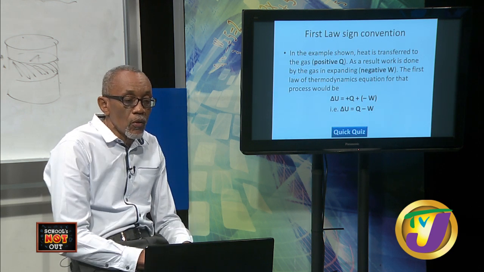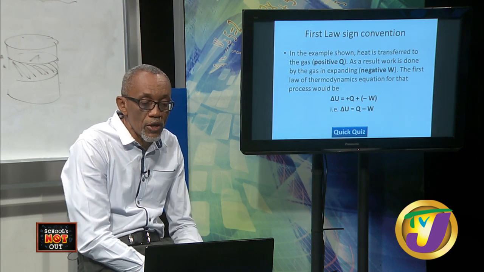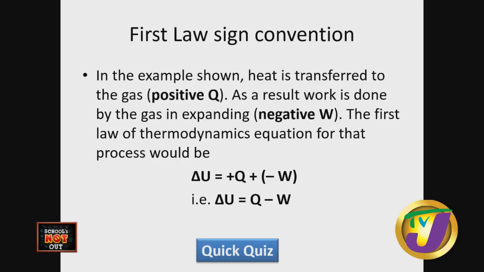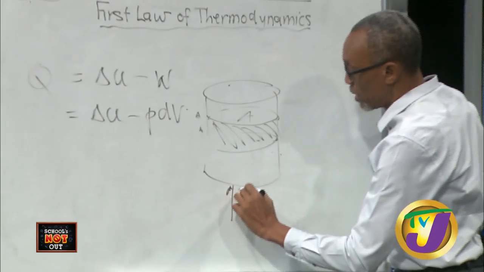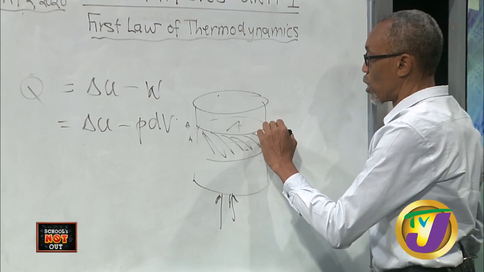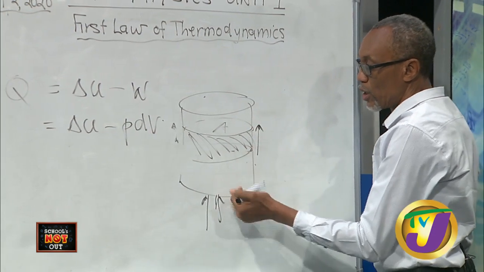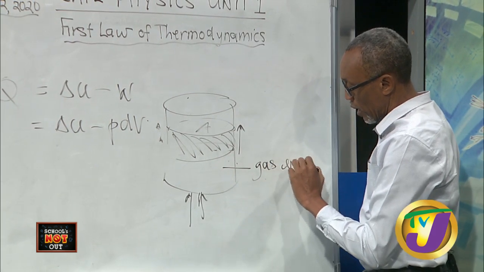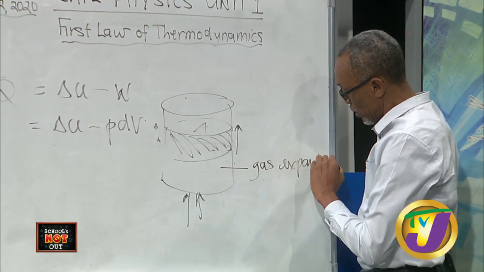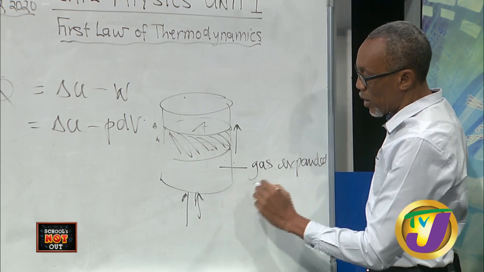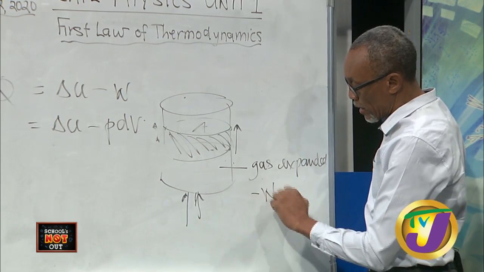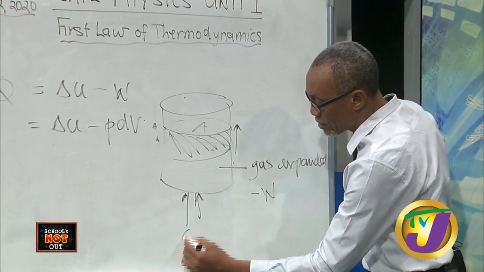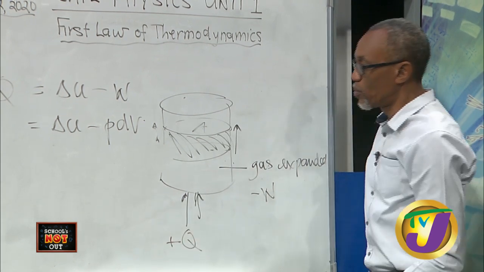All right. So we'll use the first law sign convention. Remember in the example shown, we had put some heat into the cylinder, and then work was done so that this went up. So the gas expanded, right? And so we know right away that the work would be negative. Heat was entering the system, so Q is positive.